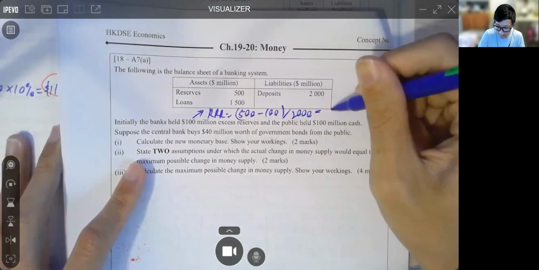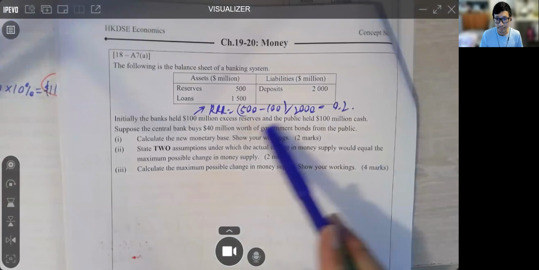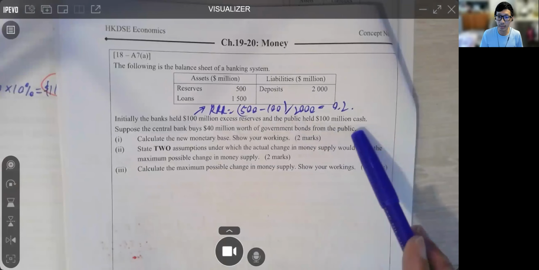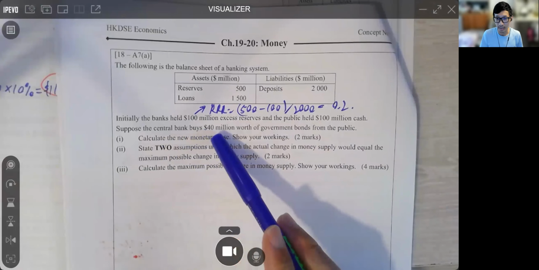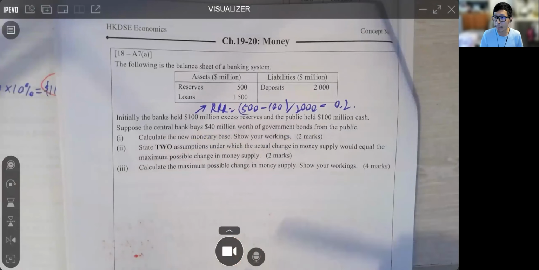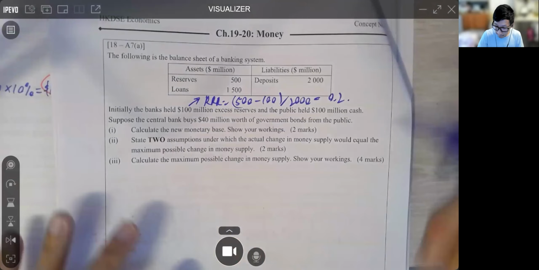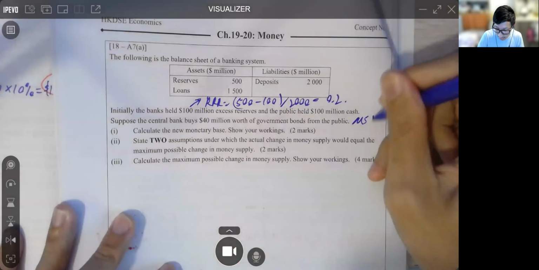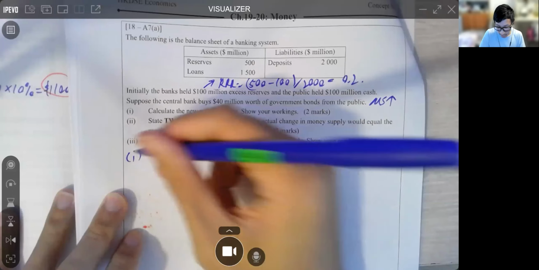I think that would give us 0.2, right? 0.2. Public hold this amount of cash.